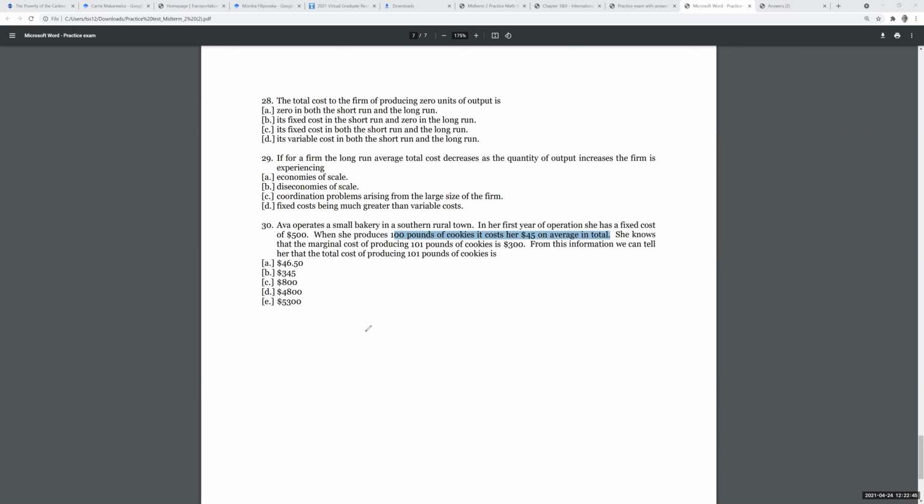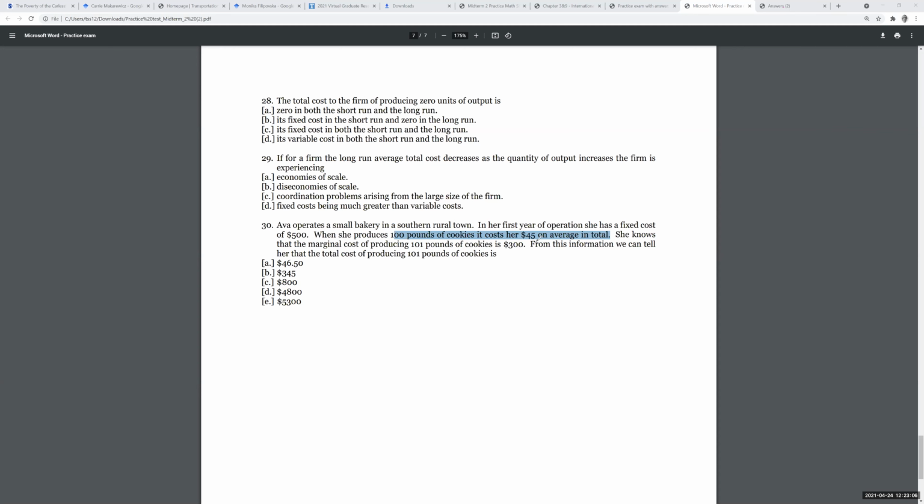Plus the 5. So Professor, I did it a different way. Basically, I had the same issue at first. I also got 5,300, but then when I reread the question, it said in her first year of operation, she has a fixed cost of 500. And then the second part says when she produces 100 pounds, it's 45 on average in total. So average total cost is fixed and variable together.